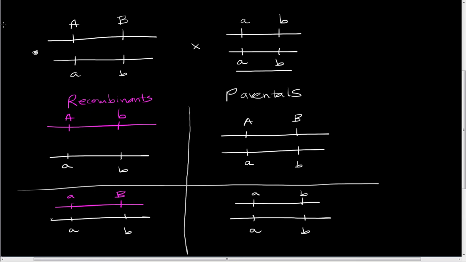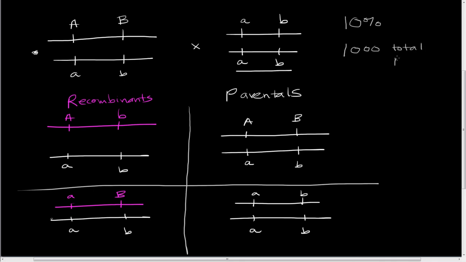So now let's think numbers. Now remember that recombination frequency of 10% tells us that 10% of the total progeny should be recombinants. So what if there are 1,000 total progeny?